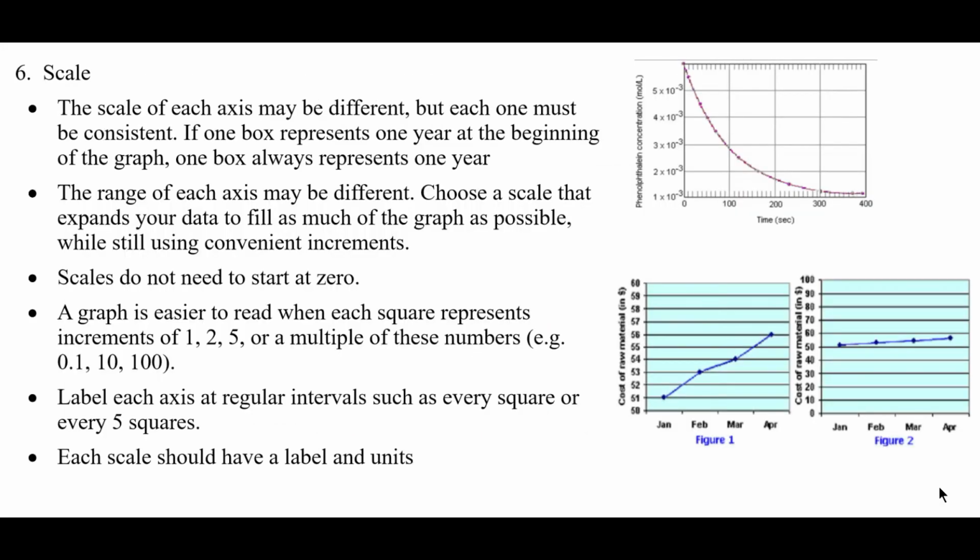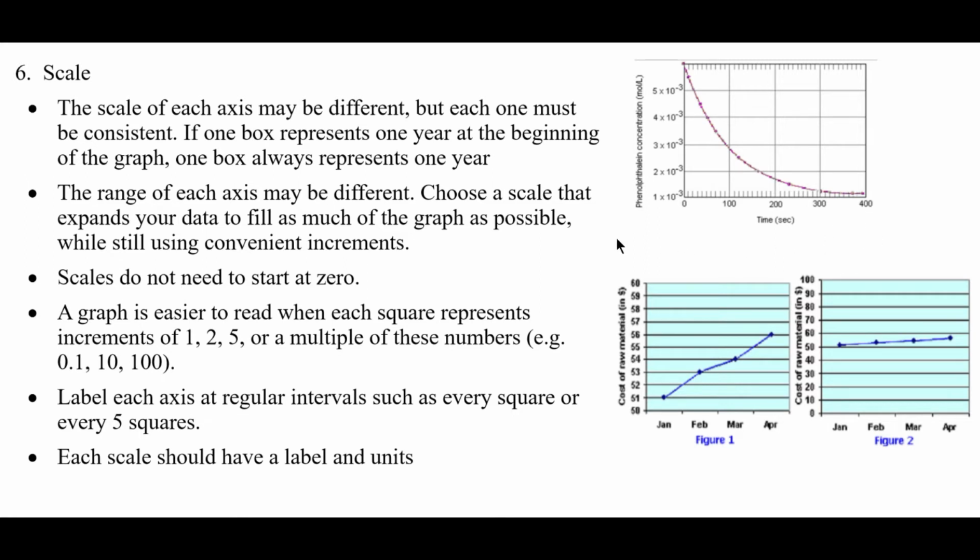Each axis can be different, but within an axis, it needs to be consistent. So if one box equals 10 minutes at the beginning, it has to represent 10 minutes throughout the graph. The range is going to be different. So if we look at this example, the range here is time from 0 to 400 seconds.